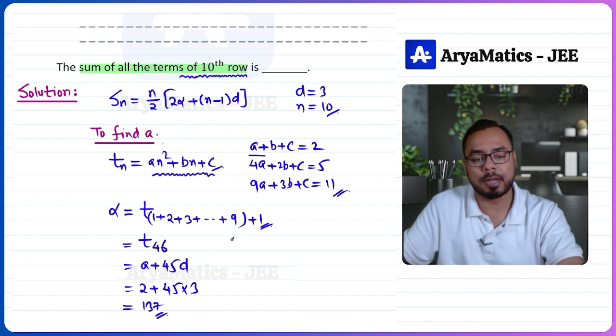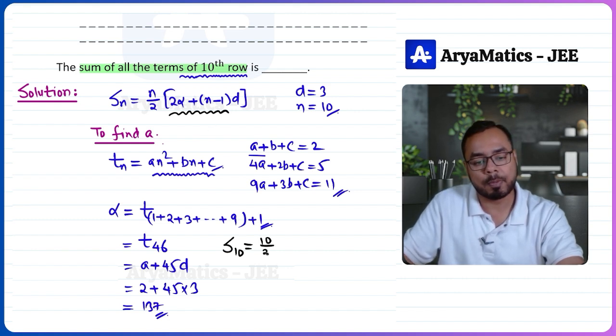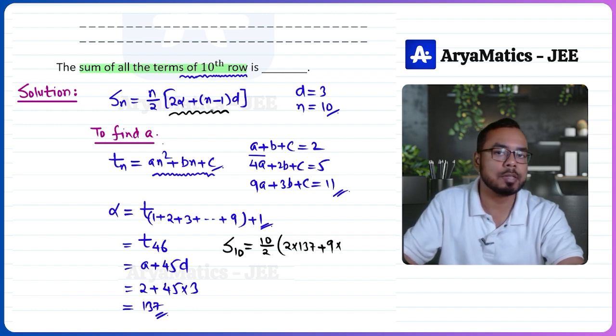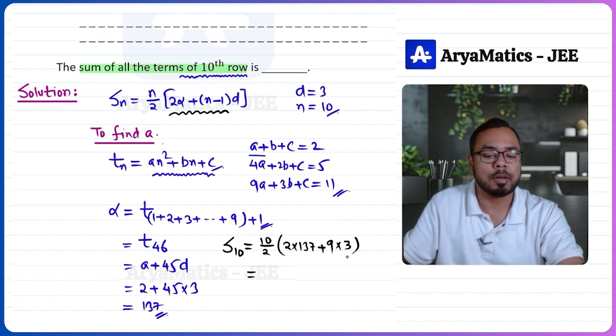And now we can easily get the sum of all the elements in the 10th row using this standard formula. So we have n by 2, that means 10 by 2, times 2a, so 2 into 137 plus n minus 1, n is 10, so n minus 1 will be 9, and this multiplied by the common difference 3. So from here, we can get the value of S10.